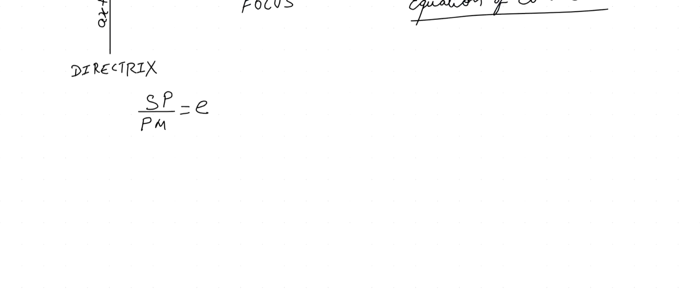Here, this will give us SP equals e times PM. This gives us SP square equals e square times PM square.